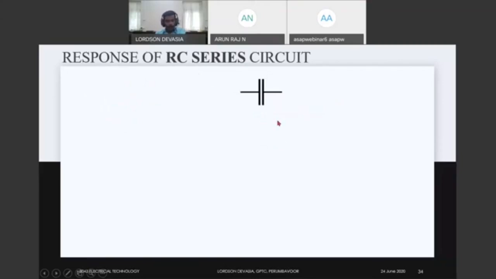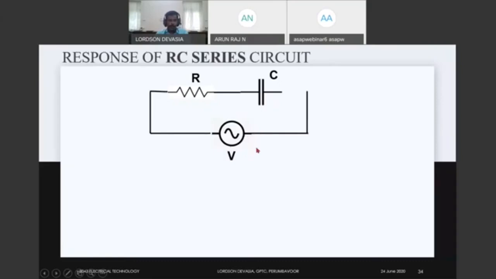നിങ്ങളിത് RL സീരീസ് സർക്യൂട്ടും RC സീരീസ് സർക്യൂട്ടും അതിൻ്റെ ഡെറിവേഷനും ഇക്വേഷൻസും ഏകദേശം സിമിലർ ആണ്. That is a capacitor that is connected in series with a resistor that is connected across a supply voltage. So there will be an AC current.